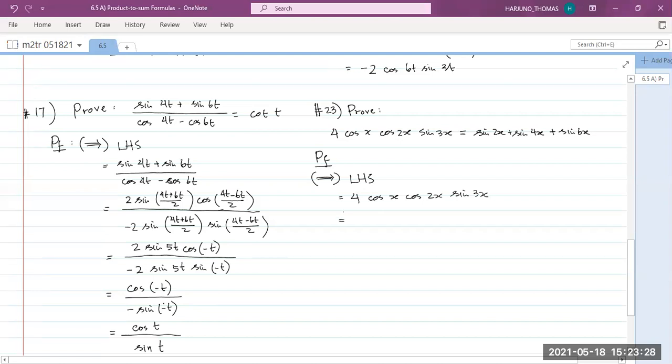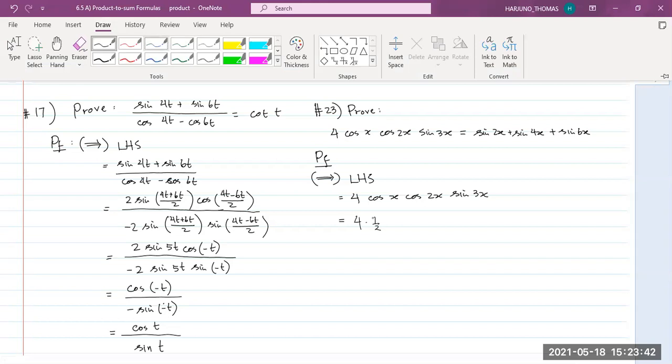This is equal to cosine cosine, that's 4 times 1/2. I'll do the cosine cosine first.